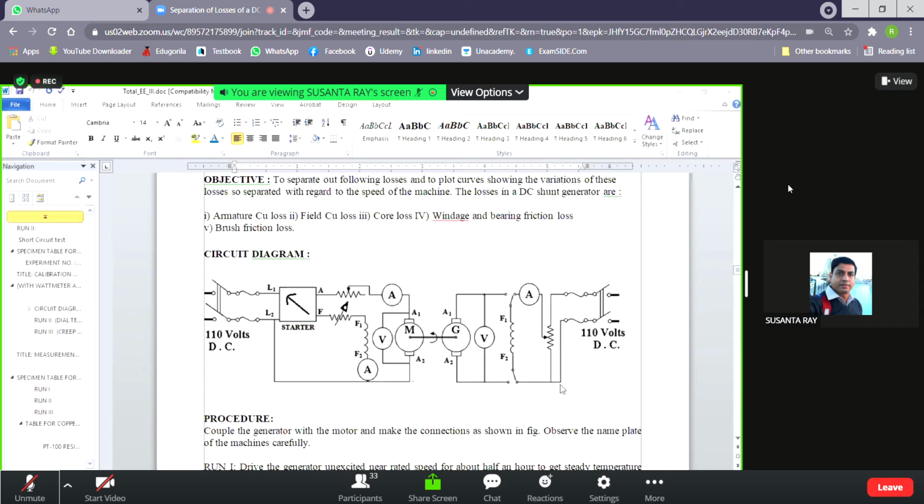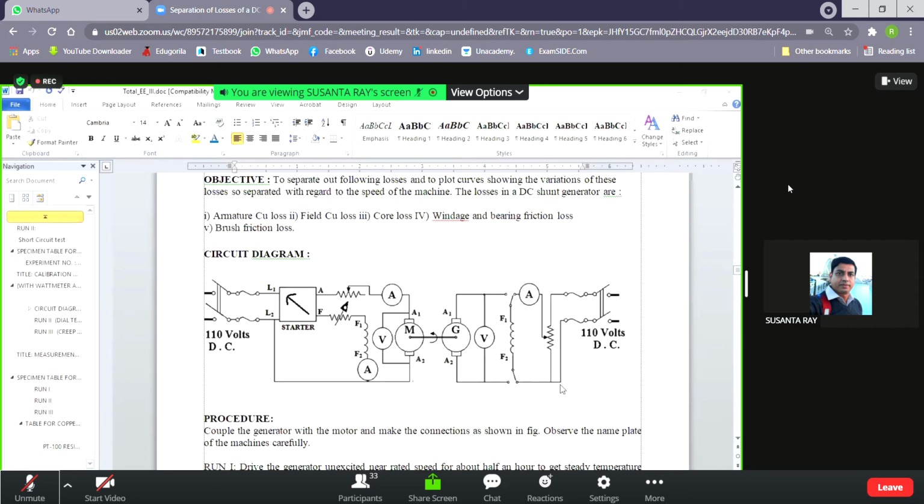Now the A terminal of the starter will be connected to the A1 terminal of the motor. Okay, so A to A1. But if we connect A to A1 directly, then we cannot vary the current. We cannot measure the current. So for getting this option, varying current and measuring current, we have to connect 2 devices in series.